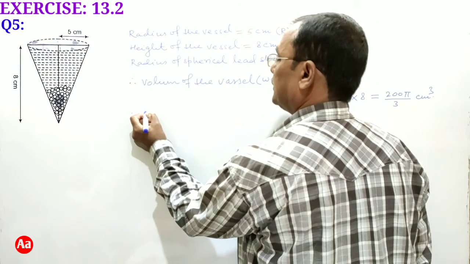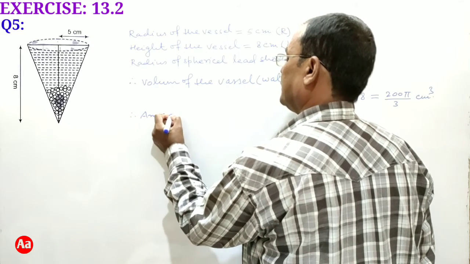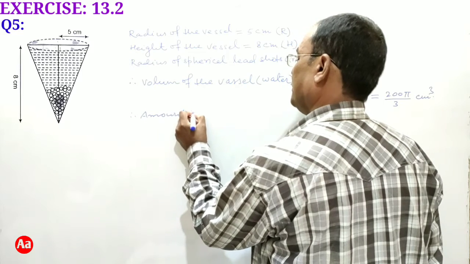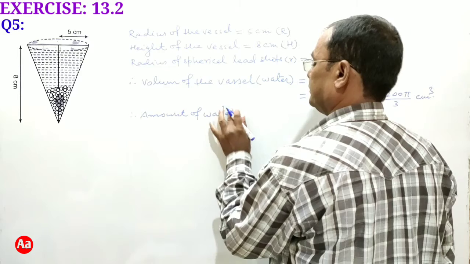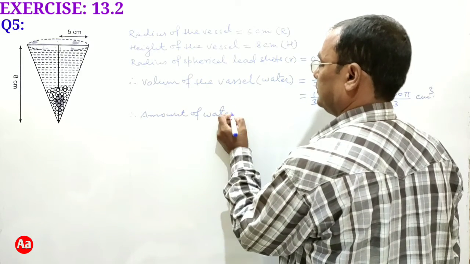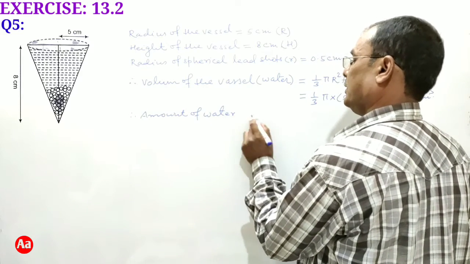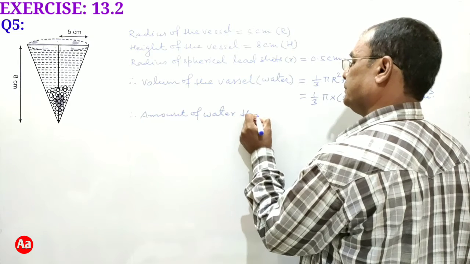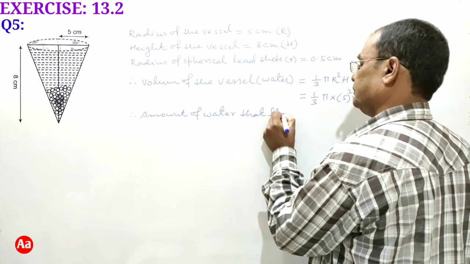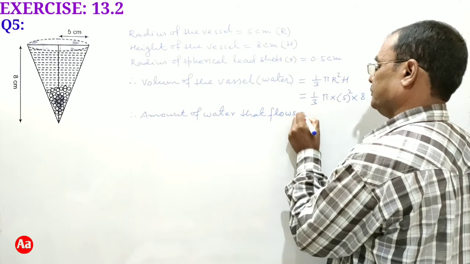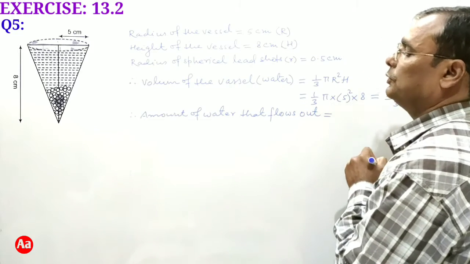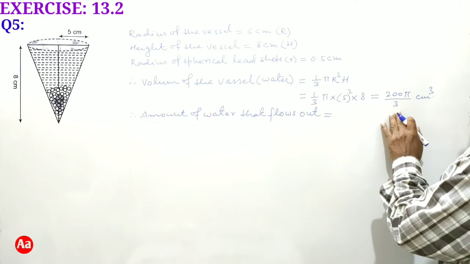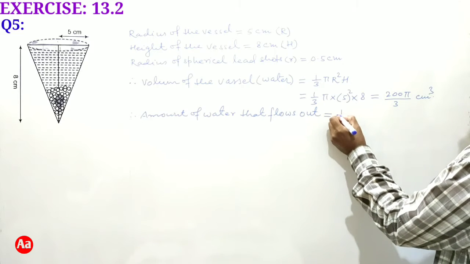Therefore amount of water that flows out is equal to 1/4 of volume of the vessel.